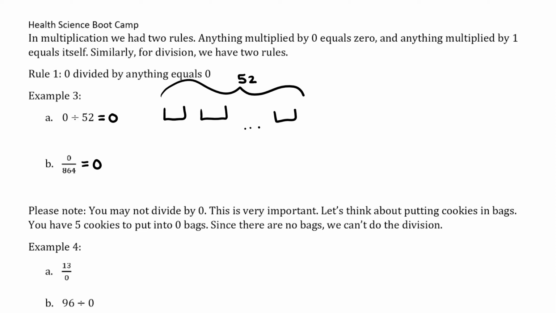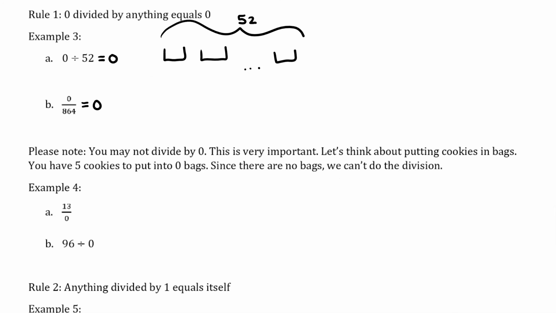Now, let's note, you are not allowed to divide by 0. This is very important. If you're putting cookies in the bag, you have 5 cookies, but you have no bags. So since there's no bags, you can't group them for the division problem. So here, 13 divided by 0 is not possible.